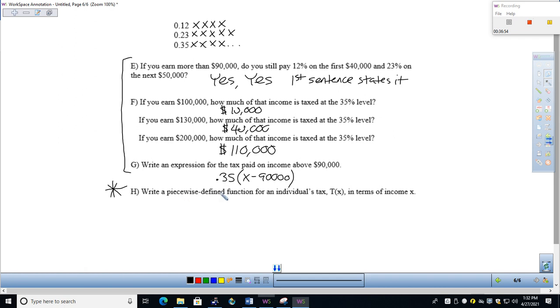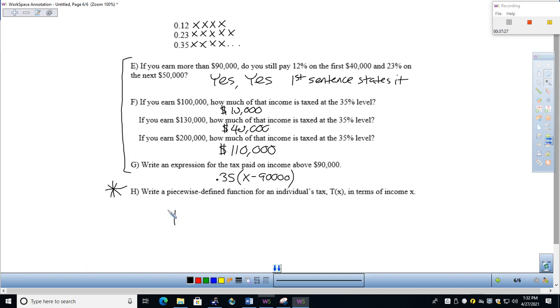And that's the idea. It's one function broken up into multiple parts. In this case, not to give it away, it's broken up into 3 parts. So we're going to give one function, one set of rules, where you can calculate the tax based on any particular income. Tax depends on income.